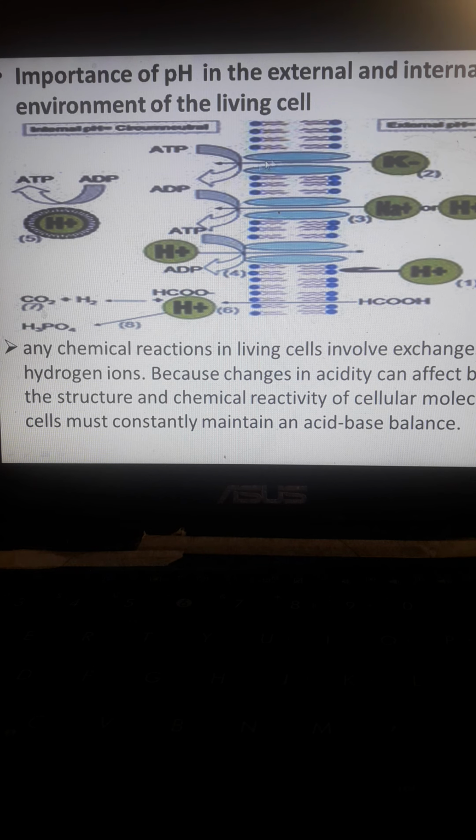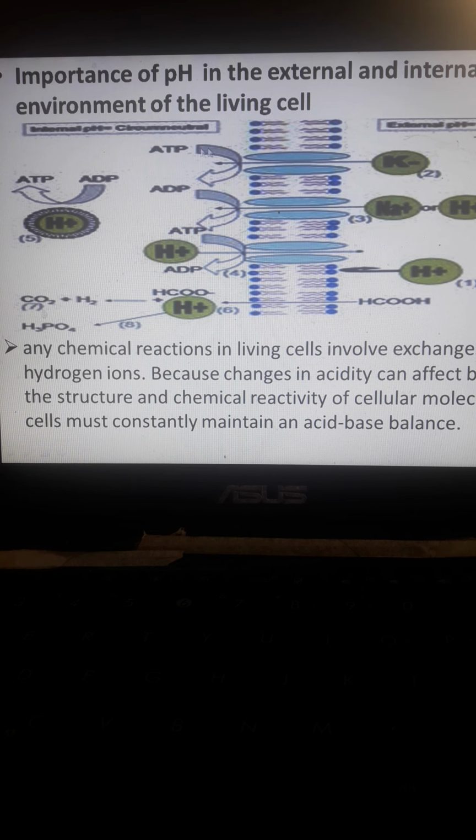Usually there is an exchange or entry of ions, both sodium and potassium, and the entry of these into the cytoplasm is considered active transport because energy is being consumed in the form of ATP.